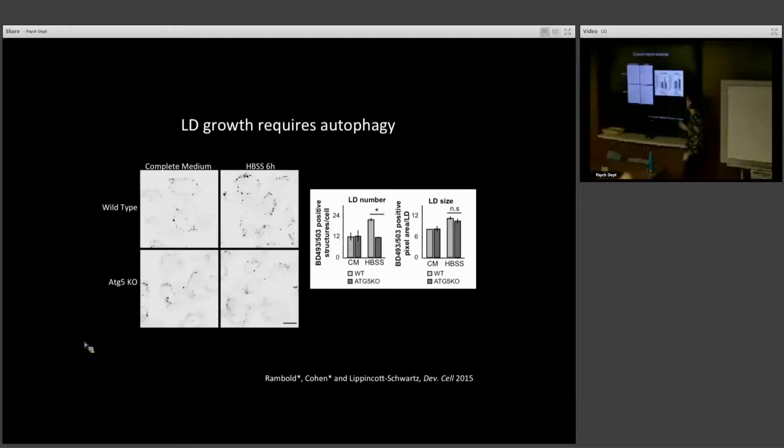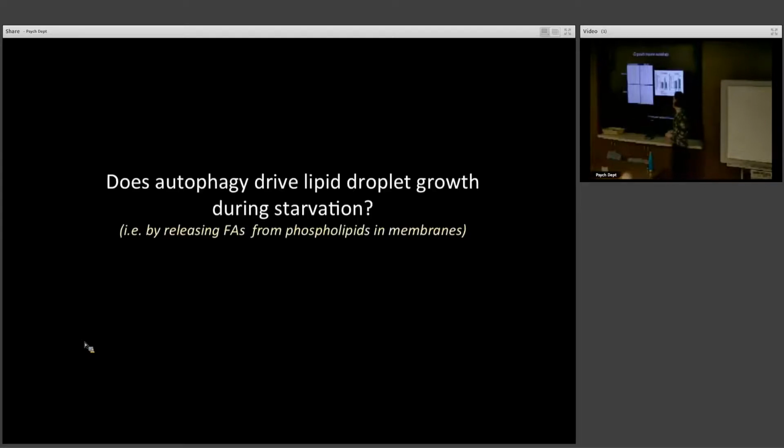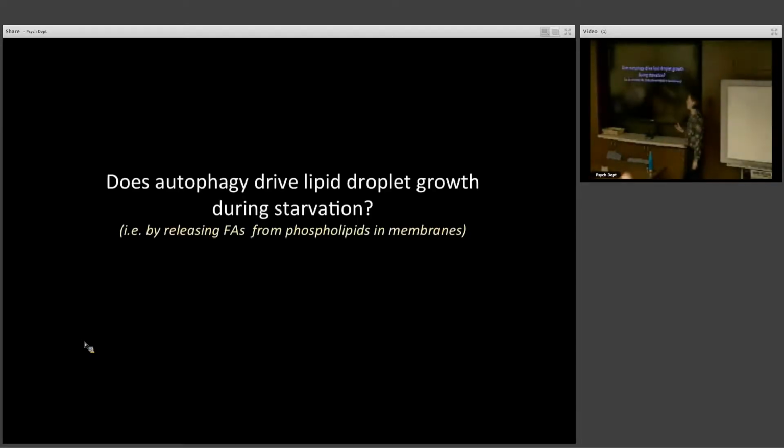But in ATG5 knockout cells, again, these are the cells that can't do autophagy, we didn't see this increase in lipid droplet number during starvation. So we asked, is autophagy refilling lipid droplets by releasing fatty acids from phospholipids within various membranes in the cell?